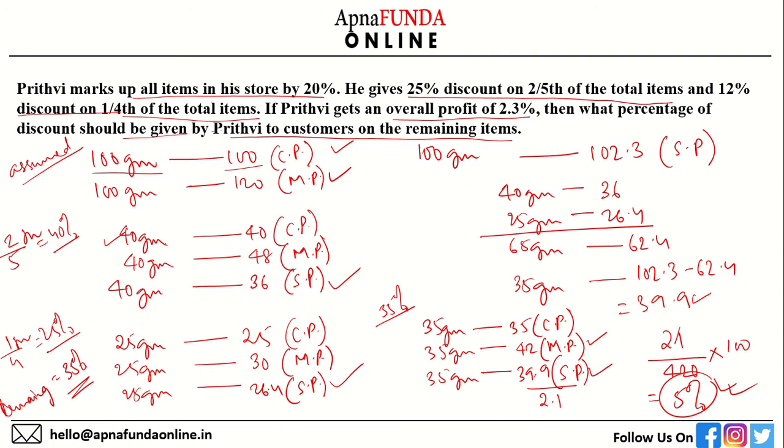You know cost price, you know mark price, discount is given, so you know selling price. When you are able to find out cost price, mark price, selling price for each of the parts, there are three parts: 40%, 25%, and the remaining 35%. When you are able to solve this, when you have perfect clarity, you will get your question correct in no time.